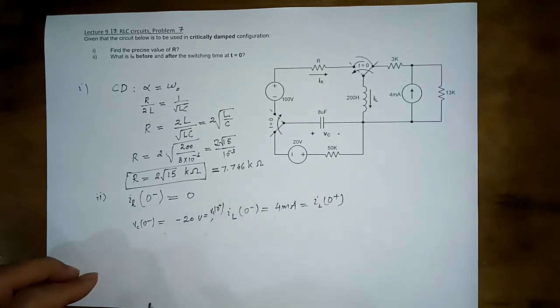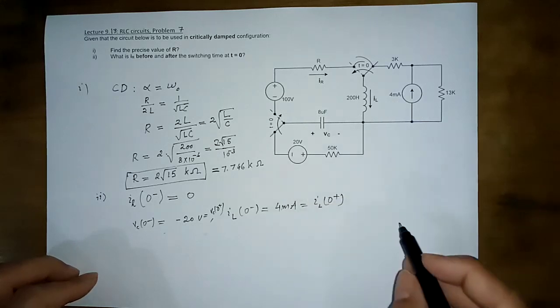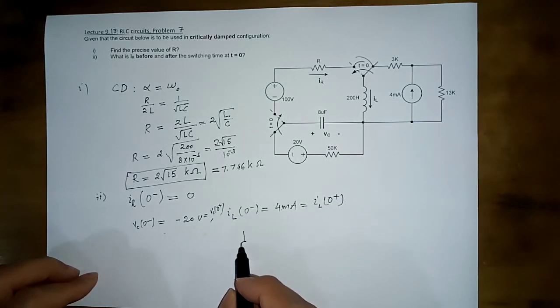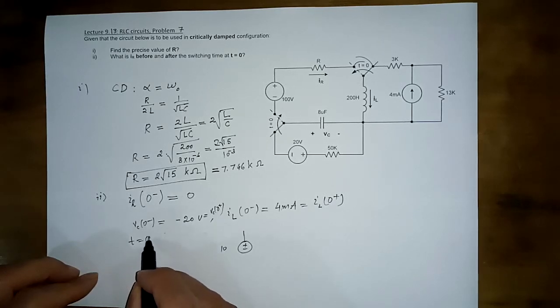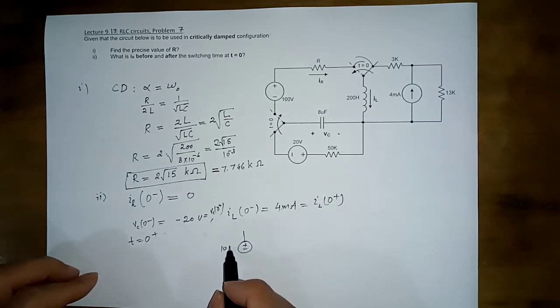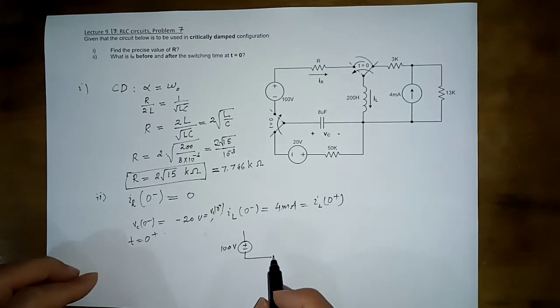So after switching, exactly at this instant t is equal to 0 plus, we have a 100 volt source. We have a capacitor that is charged to this voltage of 20 volts.